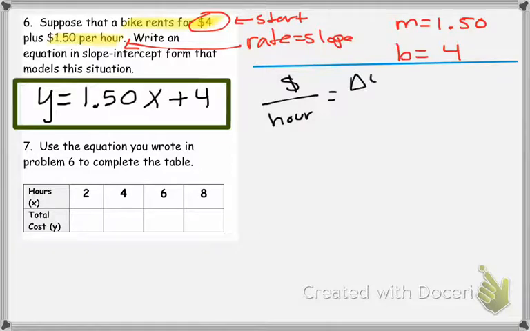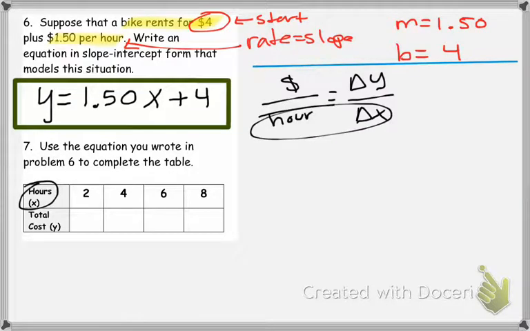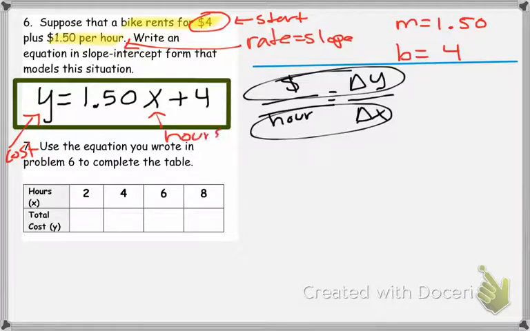So that is the change in y over our change in x, right? And then they even said the hours is the x, and the total cost is the y. And that's what we just proved. So in our equation, the y is the cost and the x is going to be the hours.